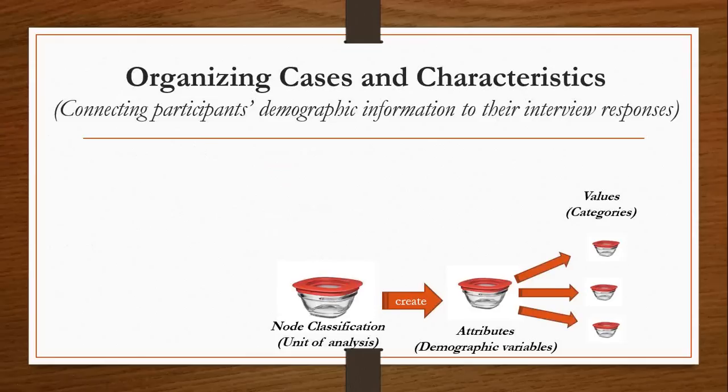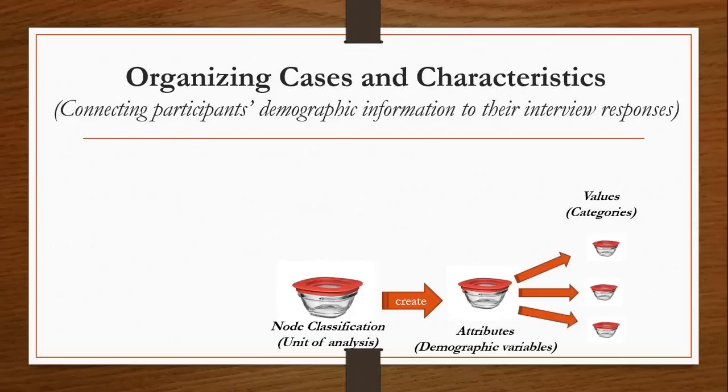Sometimes you'll be doing research where you are comparing organizations, maybe 5 organizations. In this case, your unit of analysis is not the individual but the individual organization. So if you collected data from 5 organizations, then the node classification will be organization.